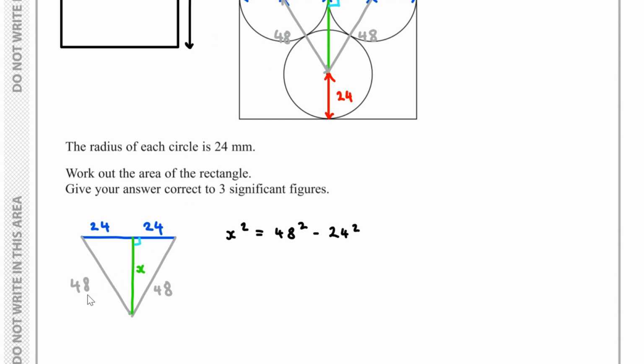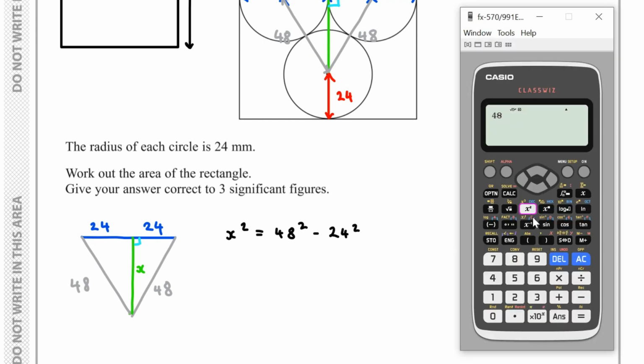So if I work that out, 48 squared minus 24 squared, that's 1728. So here we've got x squared equals 1728, and if I square root this, we get 24 root 3. So therefore x is equal to 24 root 3.